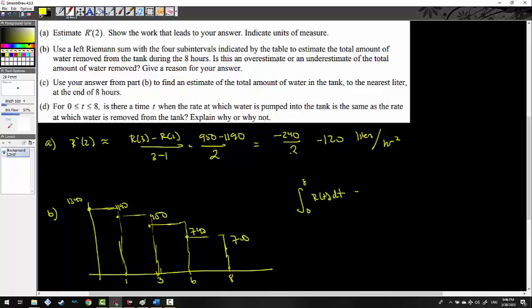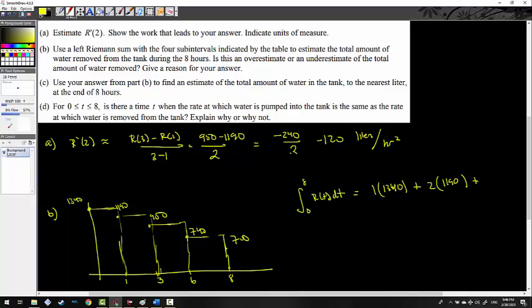So this is just going to be a bunch of rectangles being added together. My first rectangle is 1. Since it's a left-handed rule, I'm going to multiply by 1340, and then plus 2 is my next base. My height at that moment of time is going to be 1190.